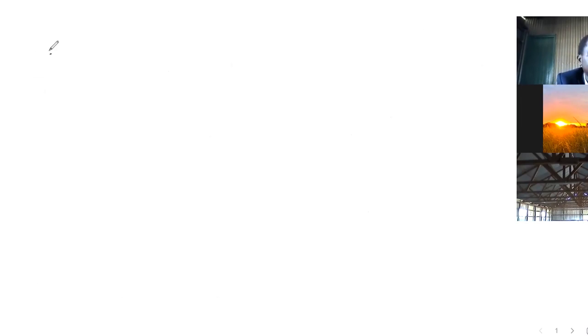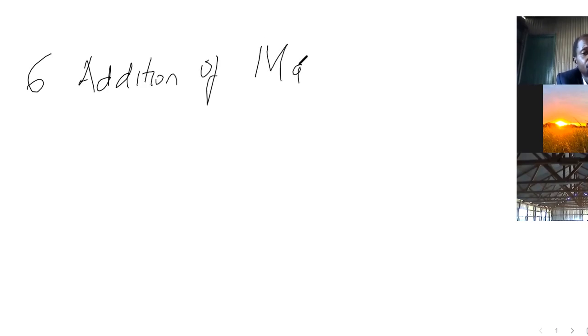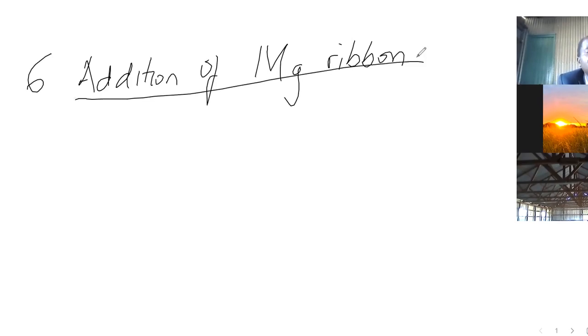Number 6, addition of magnesium ribbon. The observations and the inferences are similar to those of sodium carbonate or sodium hydrogen carbonate.